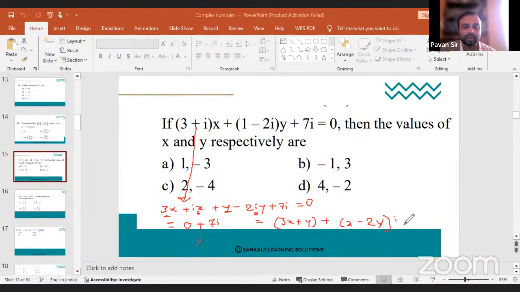So it will become minus 7i when 7 is transposed to the other side. Is that clear? 7 is just shifted to the other side.